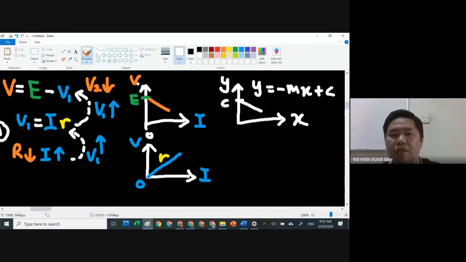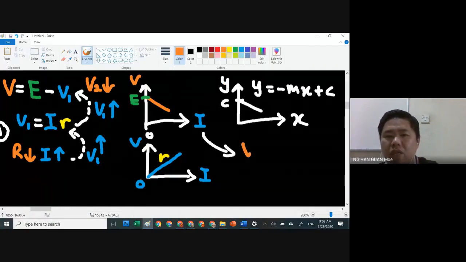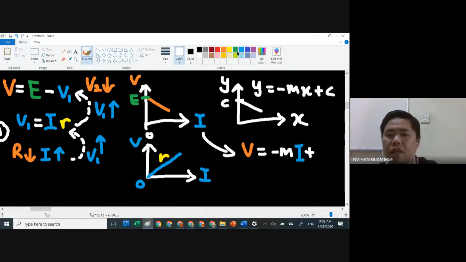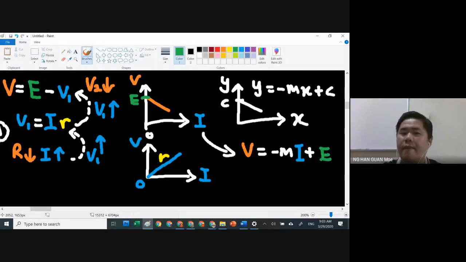V against I compared to Y against X. Y against X, we have a result like this. This is our equation. Then if we change whatever we have here into the equation, you will get V equals negative m I plus E. Right?